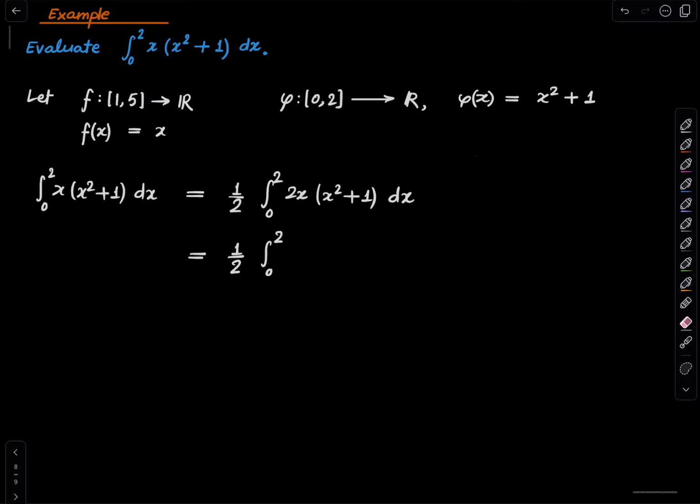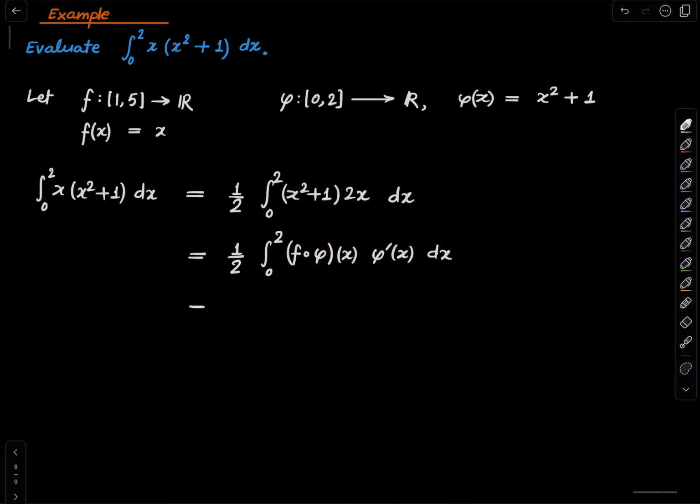So maybe I'll switch the order here. This is x squared plus 1. This is 2x. And inside what we have is f of phi of x, and this is phi prime of x dx. Phi prime of x is 2x, and f of phi of x is that quantity.